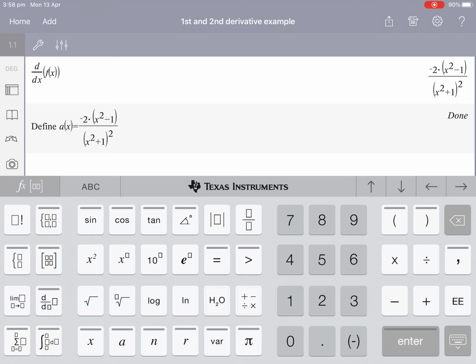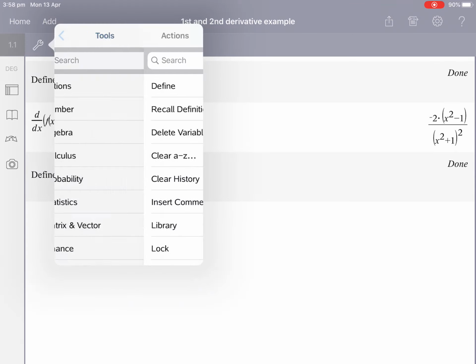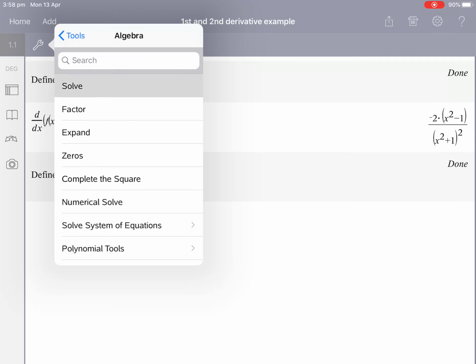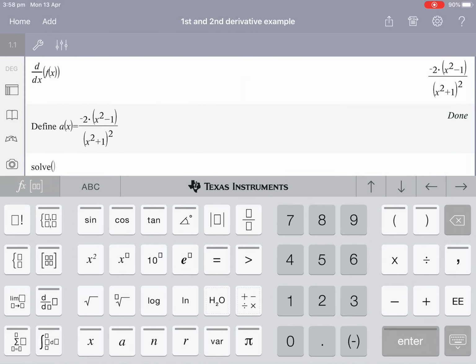So what can I do with the first derivative? Well, one of the things I can do with the first derivative is I can find the turning points. And the turning points are when the first derivative equals 0. So let's go back to my skills here, use some algebra, and solve the first derivative equal to 0. And we want to find out what x is.